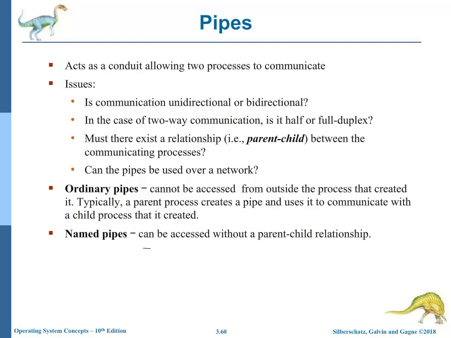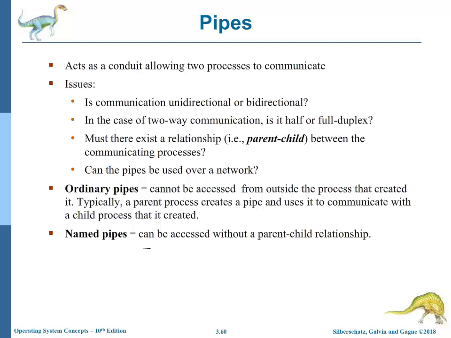If two-way communication is required, two pipes must be used, with each pipe sending data in a different direction. In ordinary pipes, a parent process creates a pipe and uses it to communicate with a child process that it creates. We also have a named pipe.